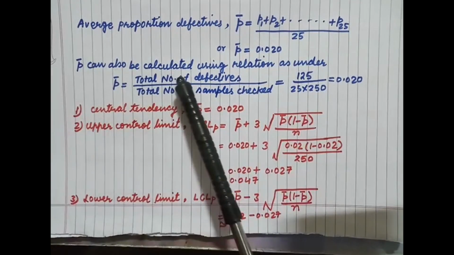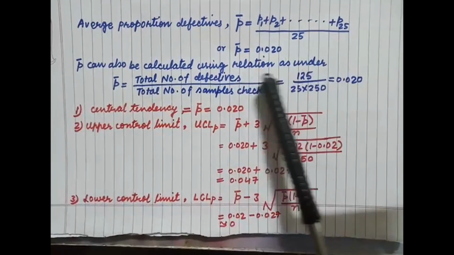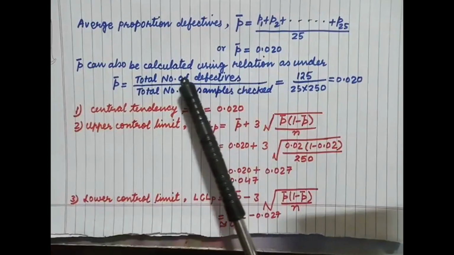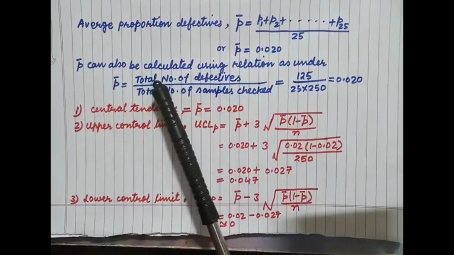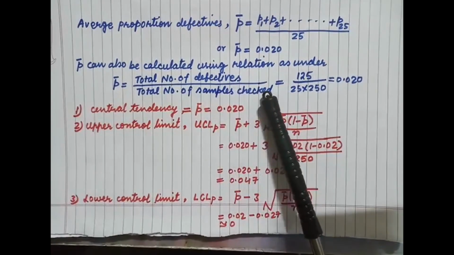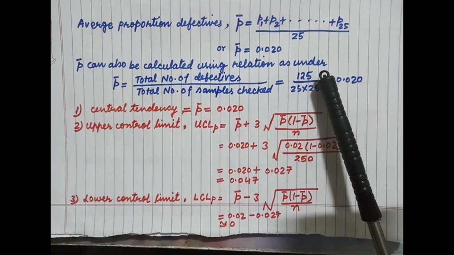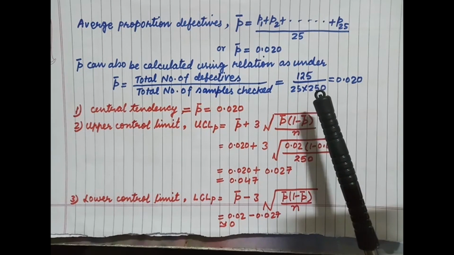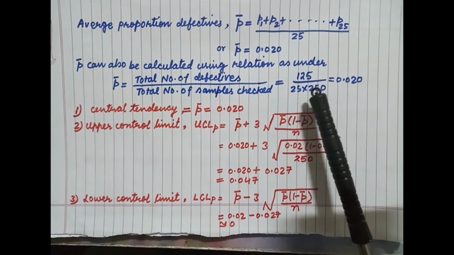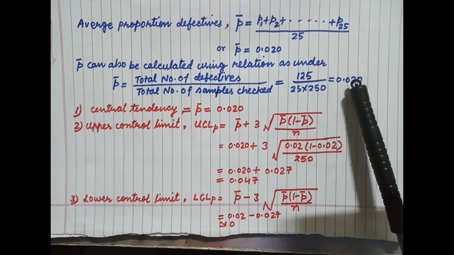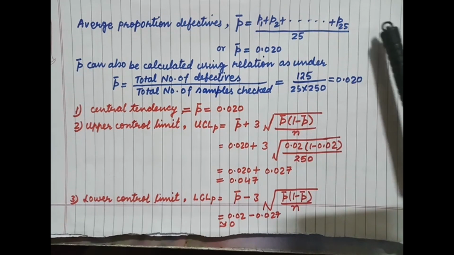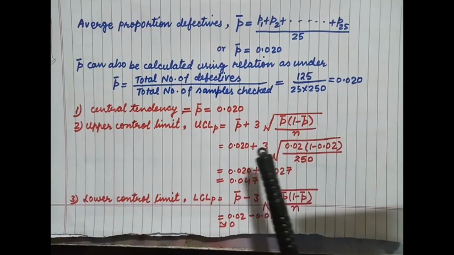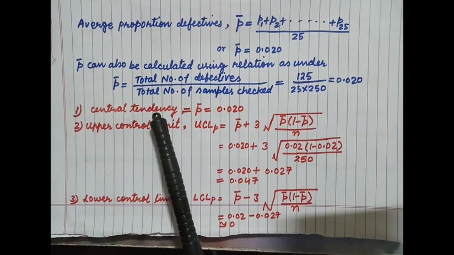P bar can also be calculated using a very simple relation: the total number of defectives divided by the total number of samples checked. We found the total number of defectives as 125 and the total number of samples is 6250, which is 25 into 250. So it comes out 0.020, the same value.